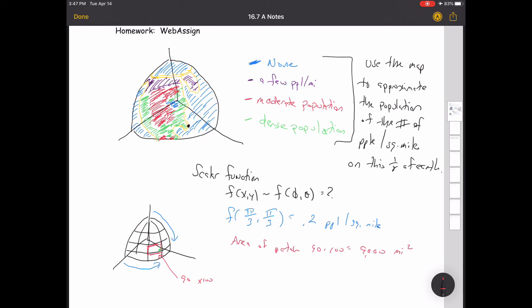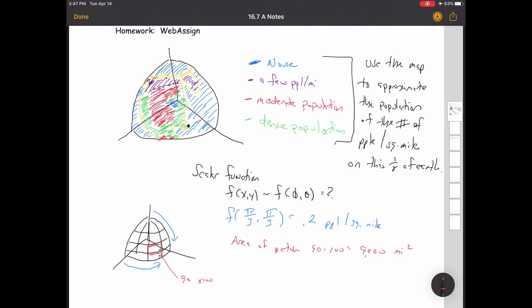So if I want to find the actual number of people in that one patch, I'm going to take the number of people per square mile, which is 0.2, multiply that by my total area, and we're going to get an approximation for the number of people in that one patch.